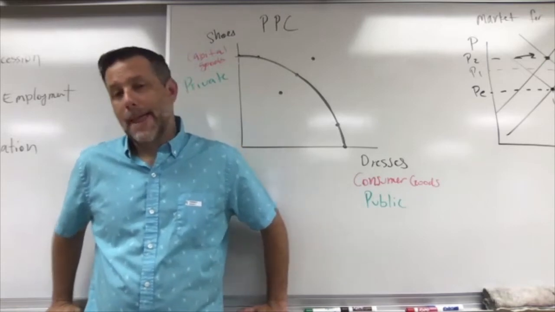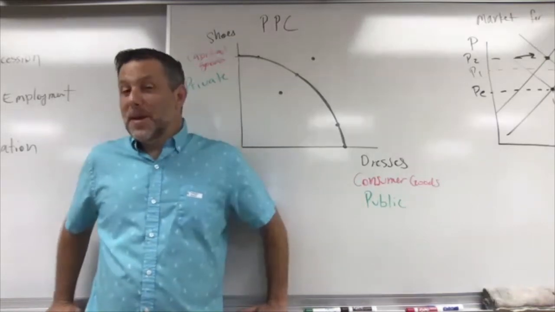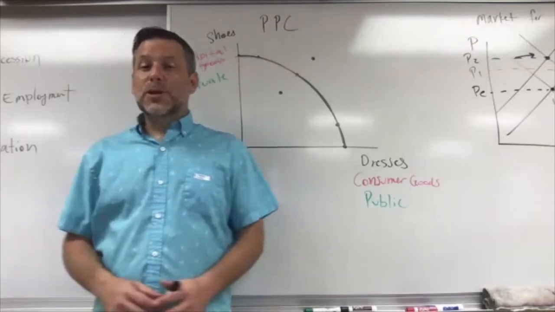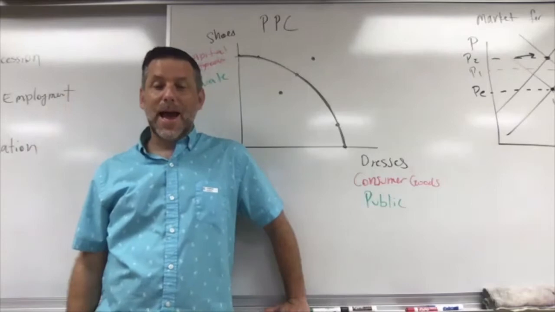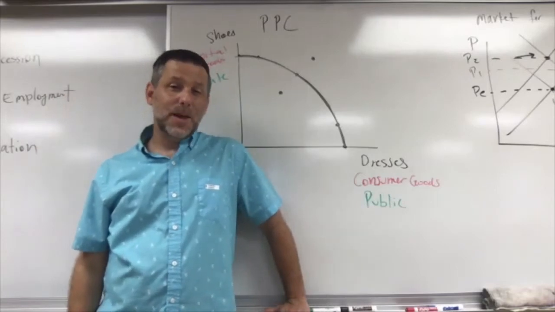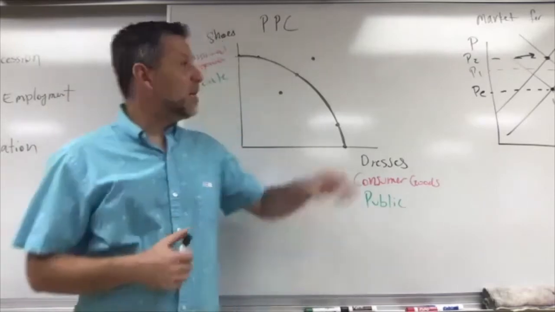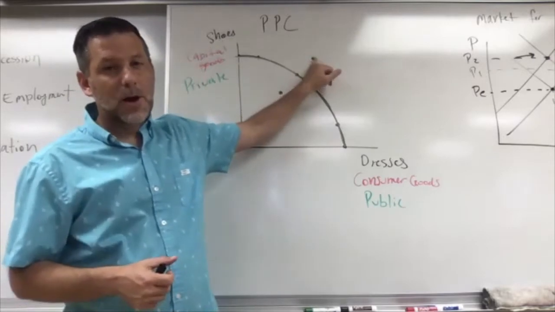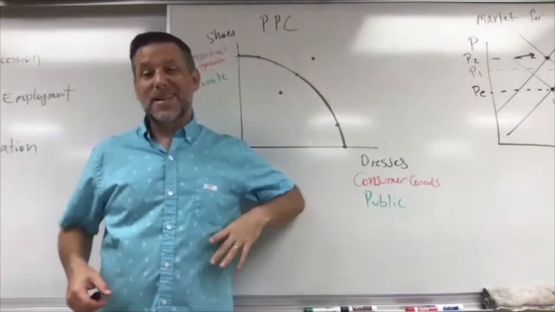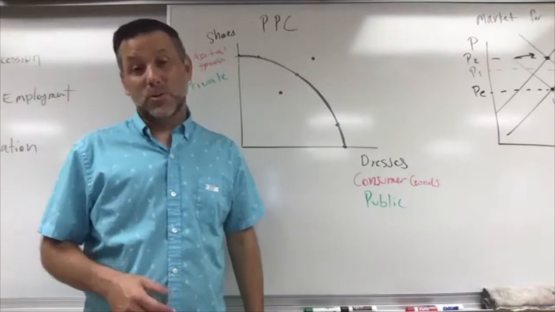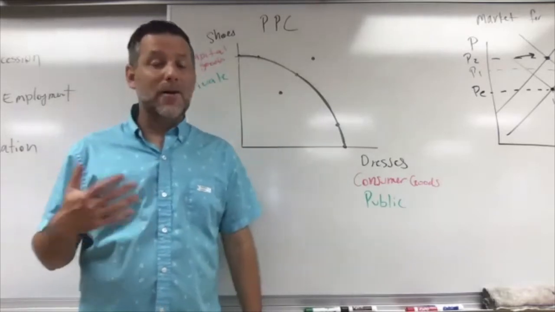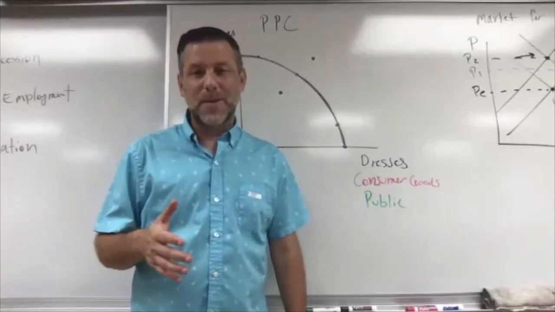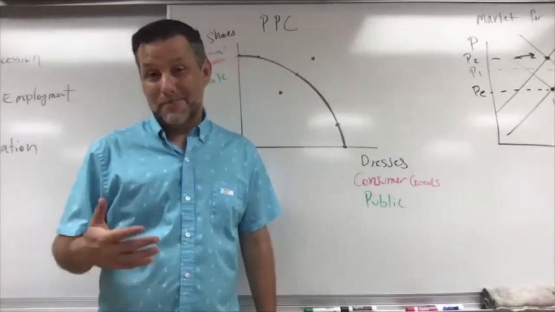It could mean that, but usually in econ, the main resource that we're looking at is labor. And so what it usually means if you're producing out here is you're trying to get your dress workers to work 12 hours a day, or you're trying to hire more people to work as dressmakers and you're having a hard time finding them.